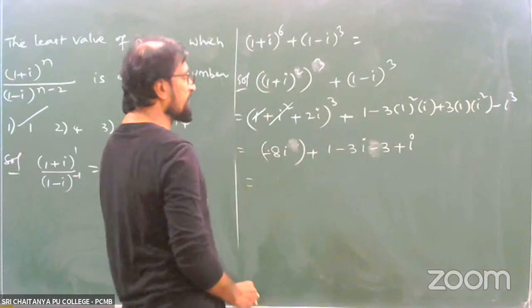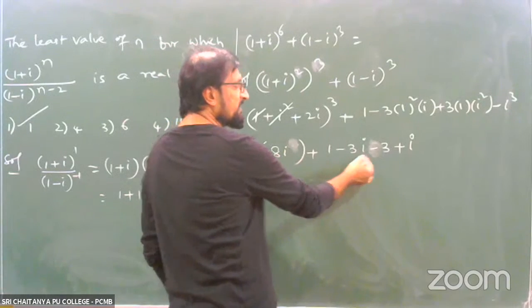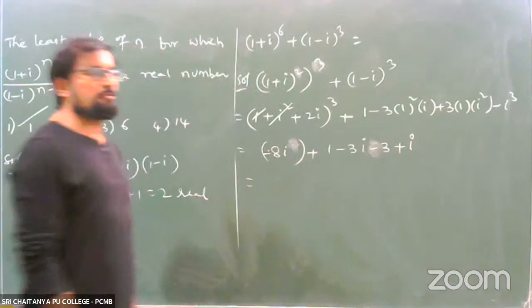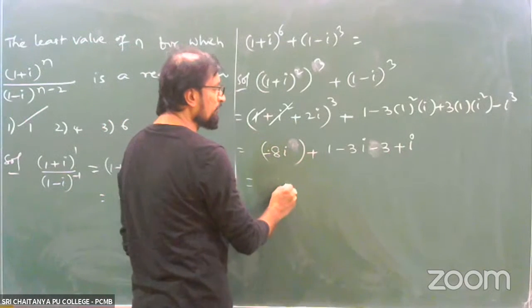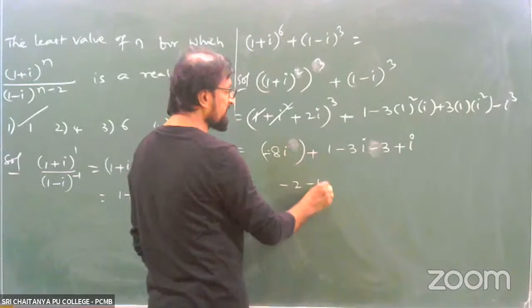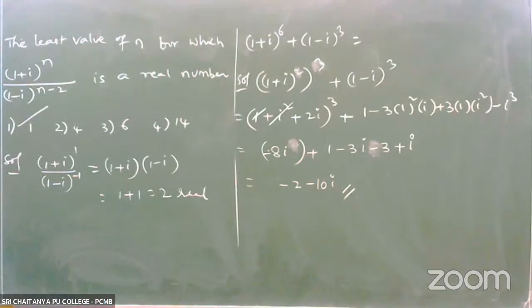Now just observe this one carefully: minus 2 minus 3i plus i minus 2i minus 8i, which is minus 10i. So you are going to get minus 2 minus 10i as the answer. These are all the problems related to CET level. After completion of this, let us discuss JEE.